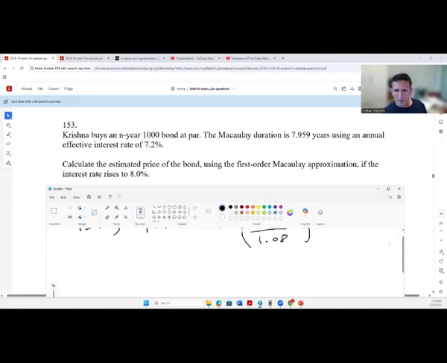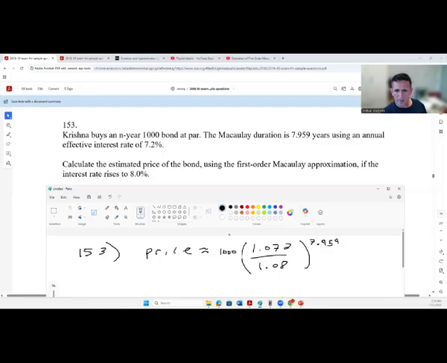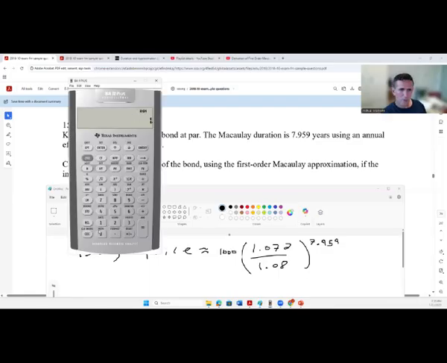Just plop this in a calculator and see what you get. 1.072 over 1.08, raise that to 7.959, times 1,000, gives 942.50.